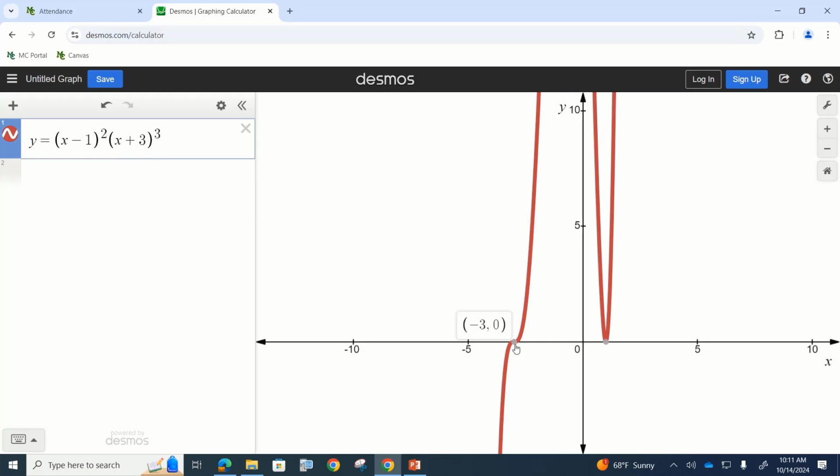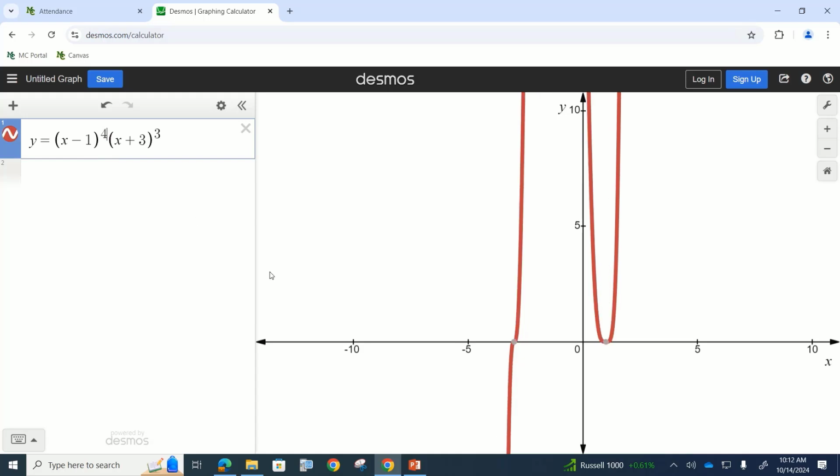But the curve still passes through the x-axis because the multiplicity is odd. And again, what if I had x minus 1 raised to the power 4? Well, that's still an even number, and since the multiplicity is even, it's still going to bounce off of the axis.